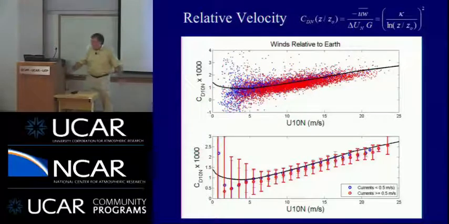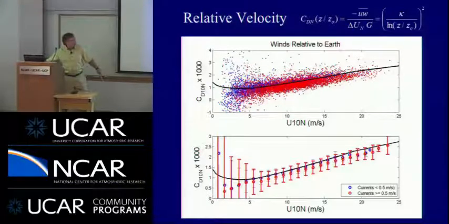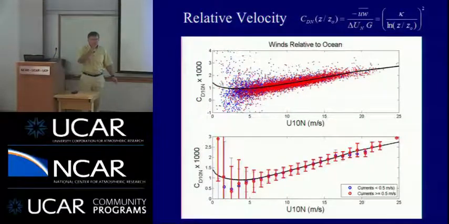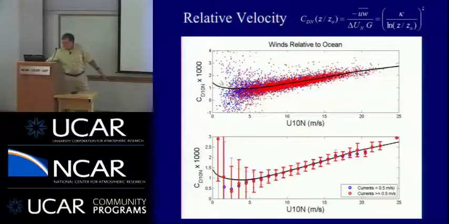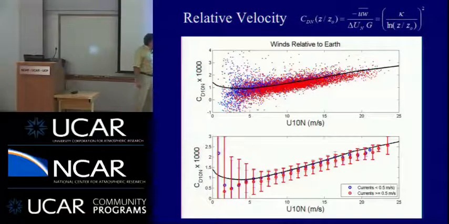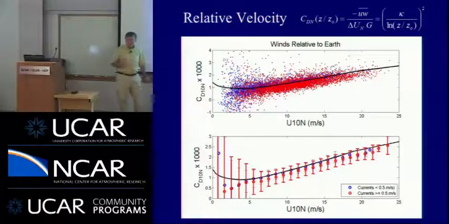And so when you plot this versus the wind relative to the ocean, it collapses. Right? So it is important to correct for surface currents. Even, I would say, when you're out of the Gulf Stream. Look at the blue symbols, which are out of the Gulf Stream. There's a systematic bias to lower drag coefficients if you don't correct for currents.